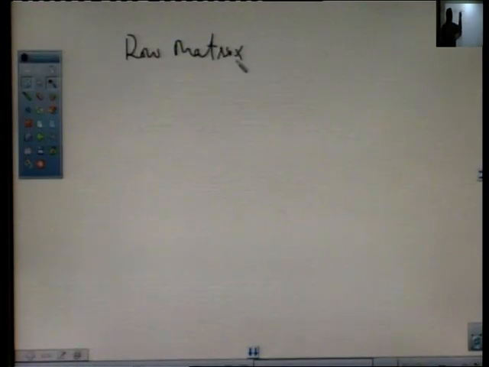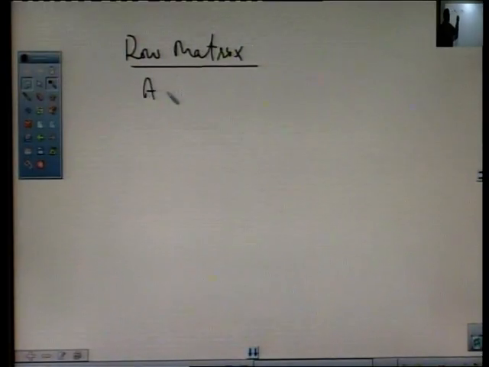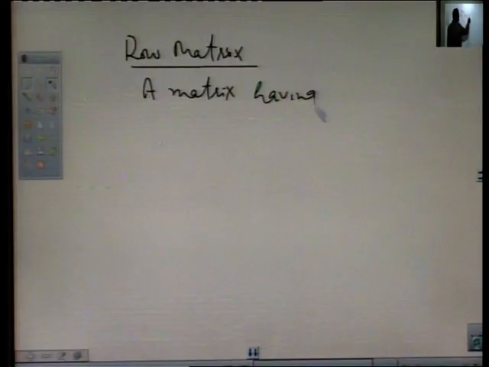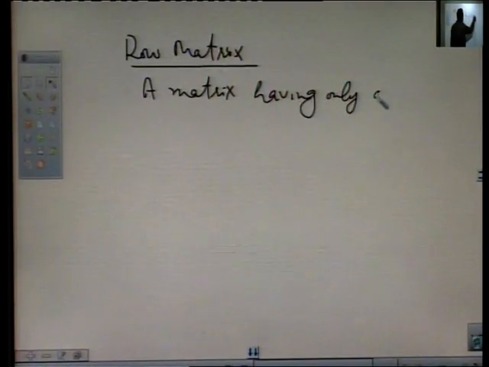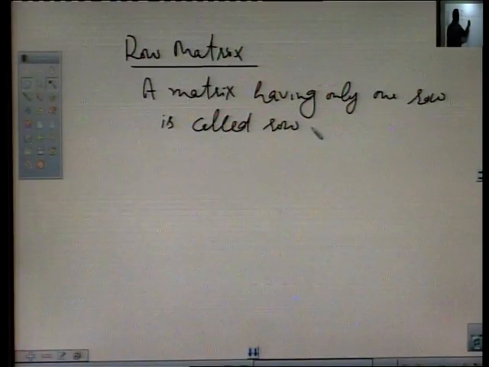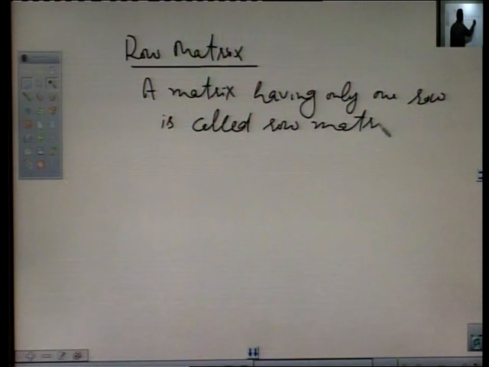Next form is row matrix. A matrix having only one row is called row matrix.